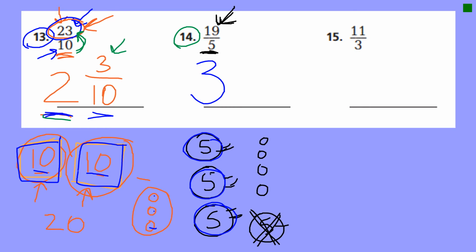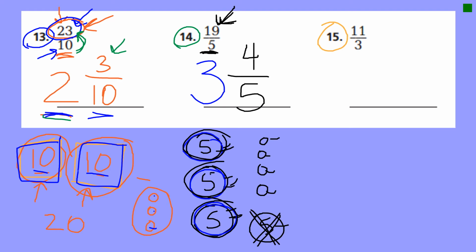How many pieces were left? 4 fifths. 4 pieces out of 5 that made a whole were left. 19 divided by 5 is 3 and 4 fifths. 5 goes into 19 3 times. 5 times 3 is 15, and then 16, 17, 18, 19. All right, now let's look at number 15.